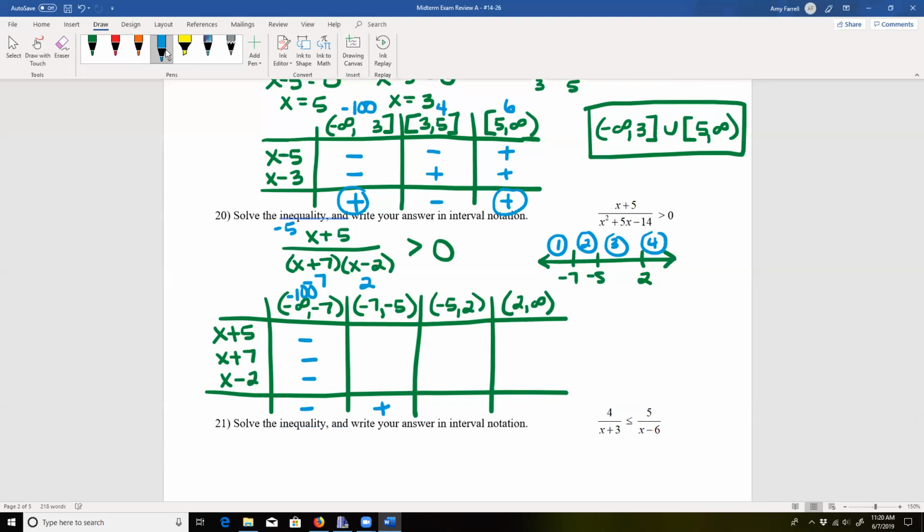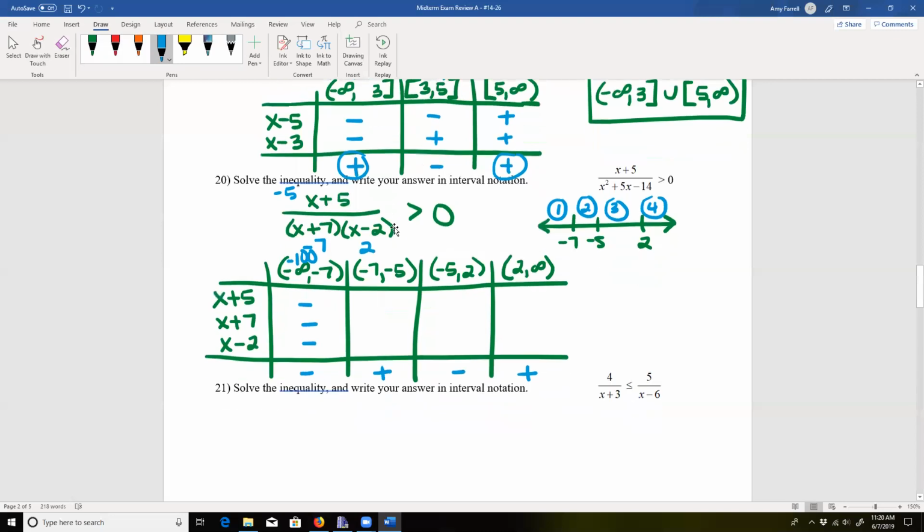Something I show my students is that as long as your factors are all unique, and you don't have something like x plus 5 quantity squared, that's a different story, then the results will alternate. Just be careful, because if one of these were squared, that's not the case. But if we've got 3 unique factors, they do alternate, so you can save a little bit of time there.